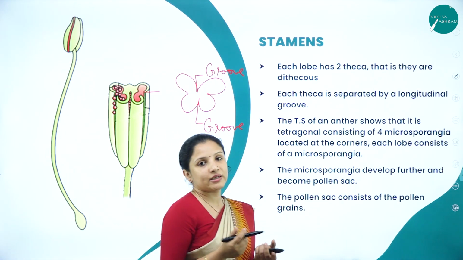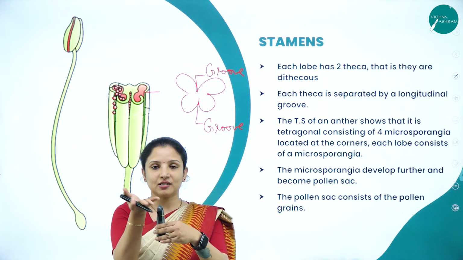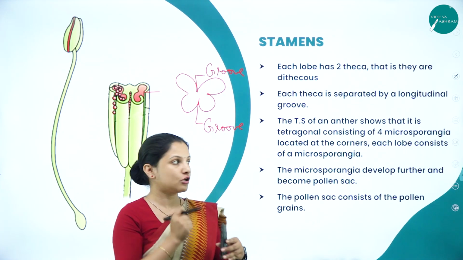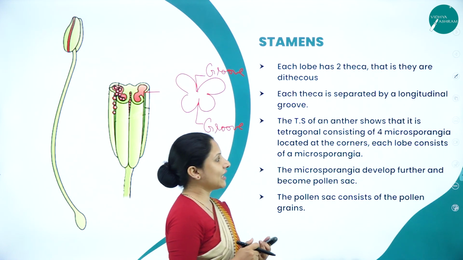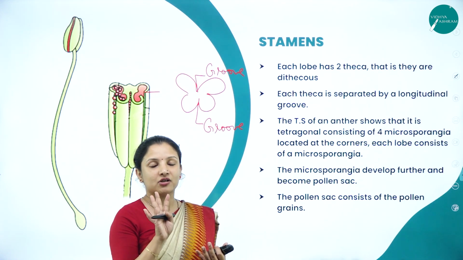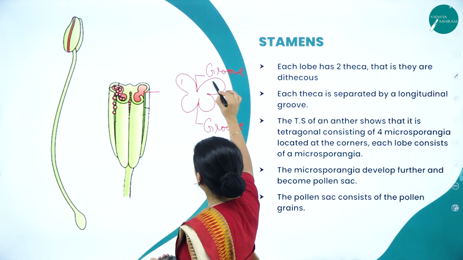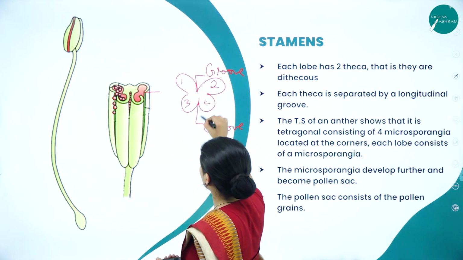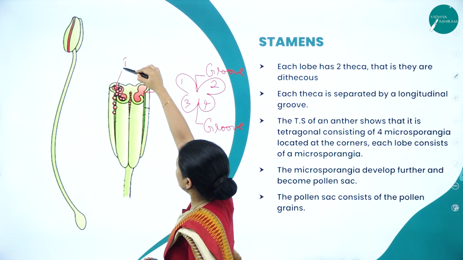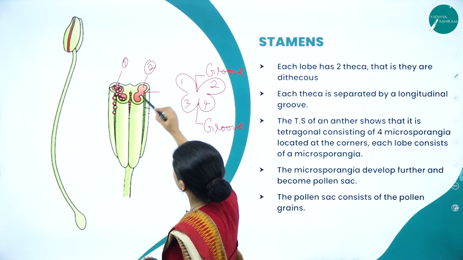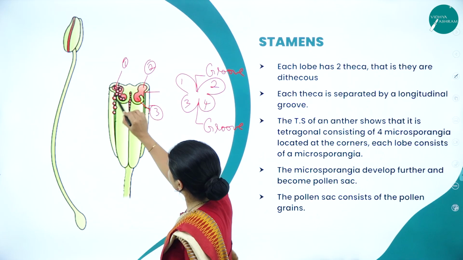Now if we take a transverse section of the anther, that is a TS, it shows that it is tetragonal. Why is it tetragonal? Because it has 4 corners, right? As I told you, 1, 2, 3, 4. You can see here 1, 2, this is the third one, and the fourth one.